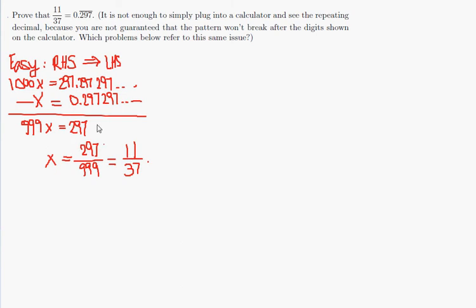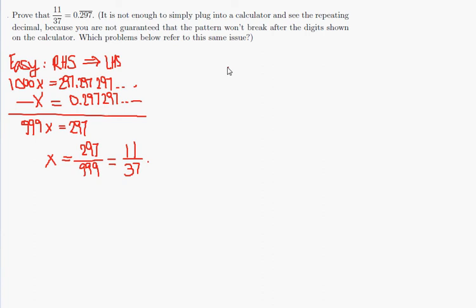A second way is you can just write down that 0.297 bar is equal to 297 over 999. That's a theorem that we proved in class, and the proof of the theorem basically goes according to the logic that you see here on the screen right now. So 0.297 bar automatically is 297 divided by 10 to the third minus 1, or 999.